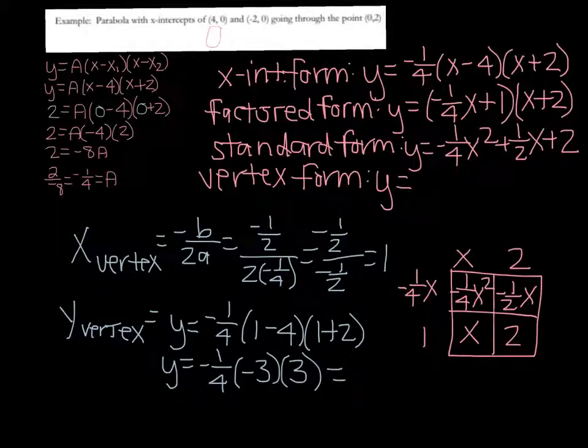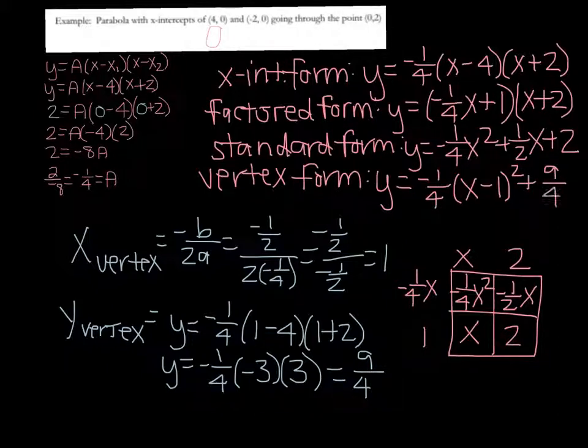So negative times a negative times a positive is a positive 9/4. If we plug this into our vertex form, we get y is equal to the stretch factor, which is negative 1/4, (x minus the x-coordinate of the vertex) squared plus the y-coordinate of the vertex. So it'd be negative 1/4 (x minus 1) squared plus 9/4.